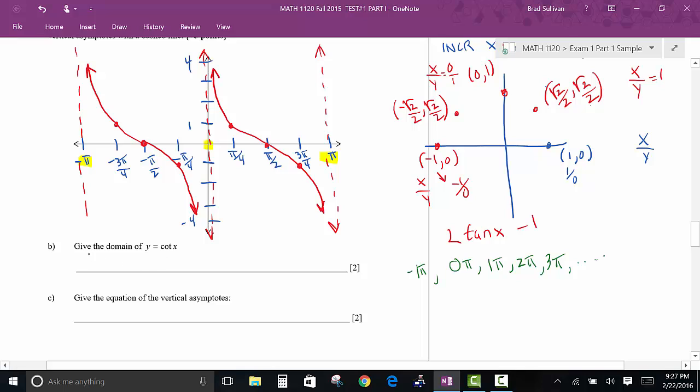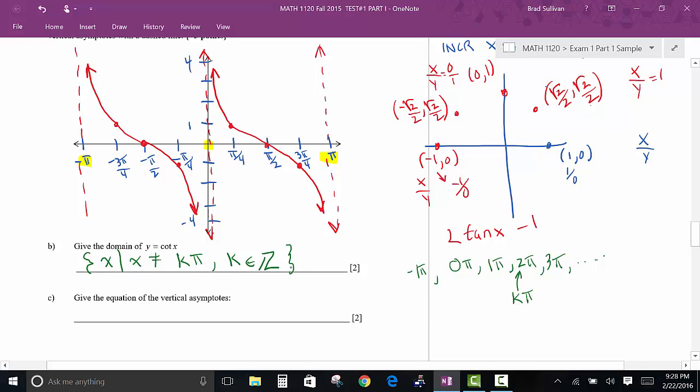So when you list the domain, you're telling me what x cannot be. You say the set of x, and x cannot be equal to. You can't list all these things, so you have to write a formula. So it always has a pi in it, but k is going to be an integer. So we say k pi, then we say k is an element of the integers, like that.